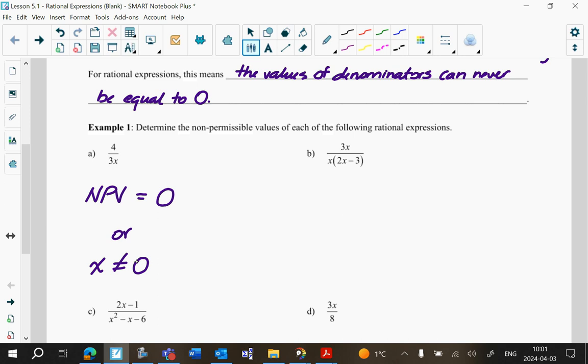We don't put x equals 0 because it can't be 0. We say the NPV equals, or x doesn't equal. And remember, it only applies to the denominator, not the numerator. The numerator can be 0. How about this next one? What do you think?